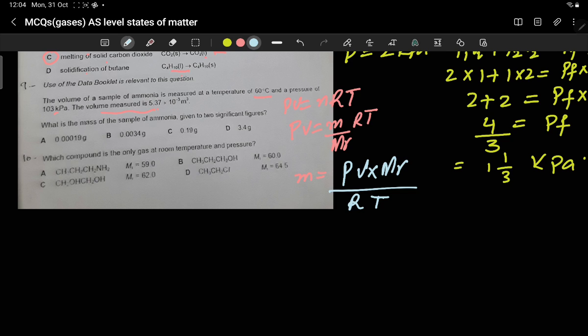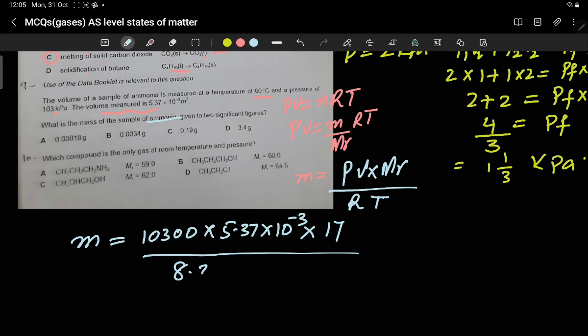By applying this formula, we use pressure 103 kilopascal, which in pascal is 103 × 10^3, and volume 5.37 × 10^-3. Mr of ammonia gas is 17, divided by 8.31, the gas constant, and temperature 60 plus 273.